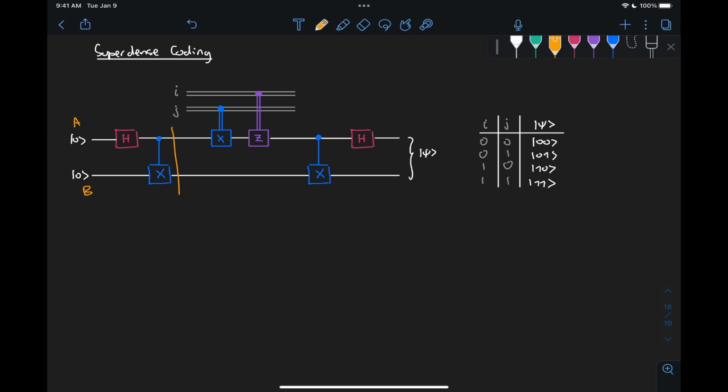So they entangle their qubits, and then Alice encodes classical bits by applying either an X gate or a Z gate, and then by applying the reverse of the circuit that generates the Bell pair, we can basically transfer two classical bits by using only one qubit, this one right here, which is shared between Alice and Bob.